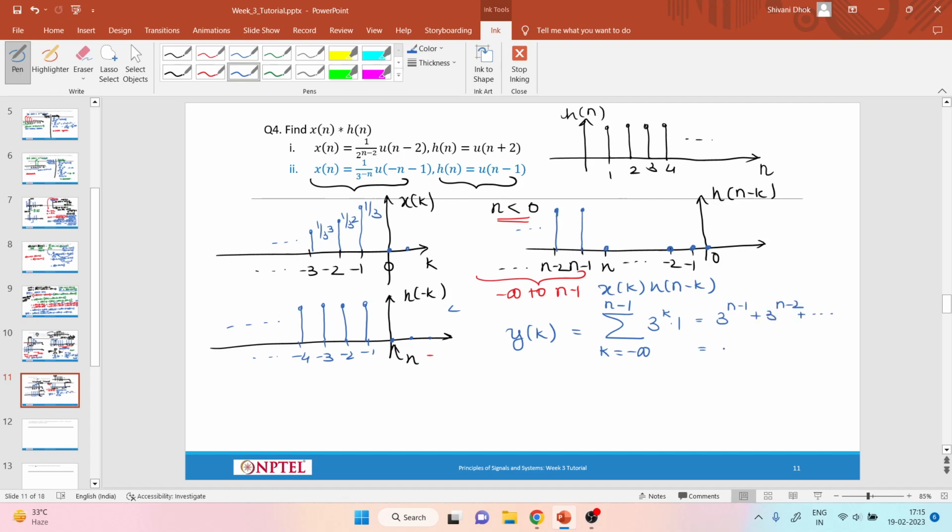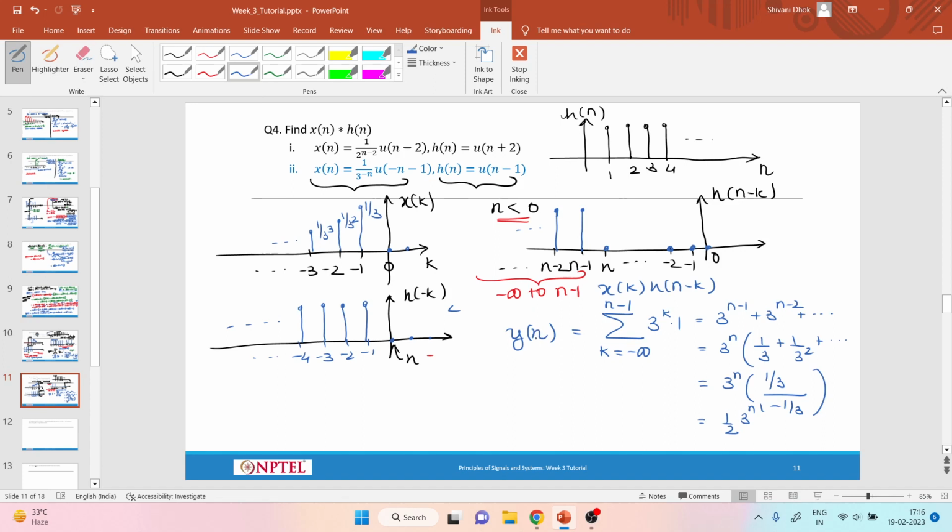So this I can write as 3 power n multiplied by 1 by 3 plus 1 by 3 square, and so on. So this is again my infinite geometric progression. The first term is 1 by 3 upon 1 minus 1 by 3. So this comes out to be 1 by 2 into 3 power n. So this is the value of your y of n.